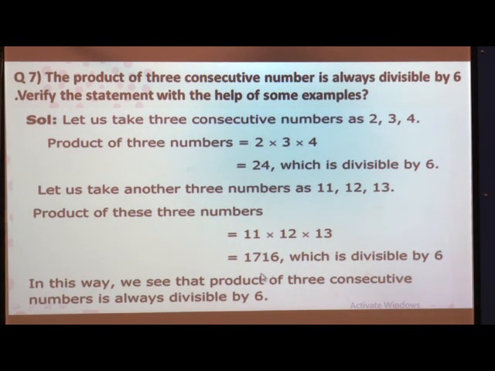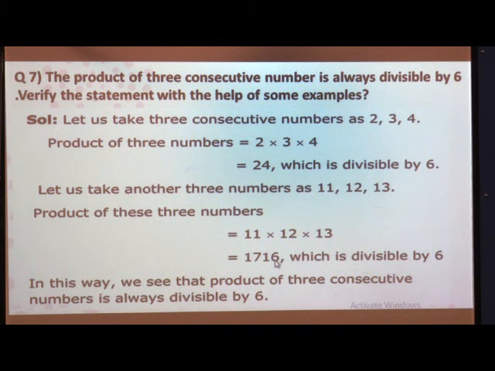And when we find the sum of the digits, 1 plus 7 is 8, 8 plus 1 is 9, 9 plus 6 is 15.